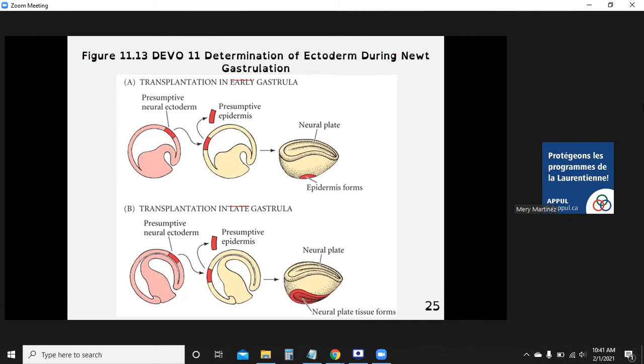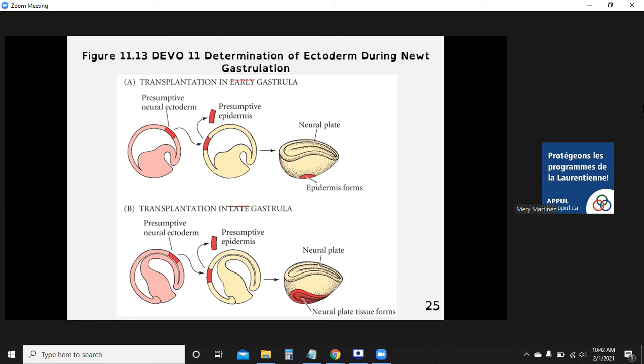So this is how Spemann showed that there is a change in tissue between two stages. This is the early gastrula, and this is the late gastrula. We say that in the early one there is no commitment, while in the late one there is a commitment, there is definition of the tissue.